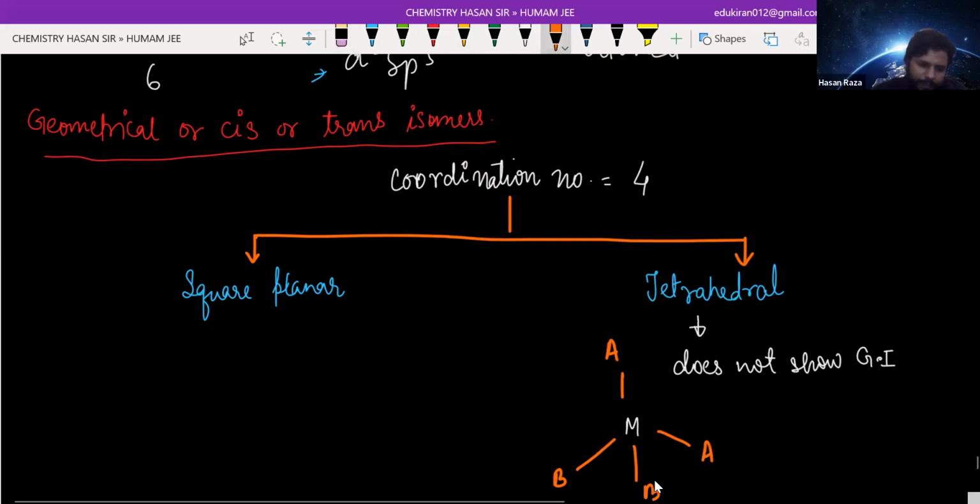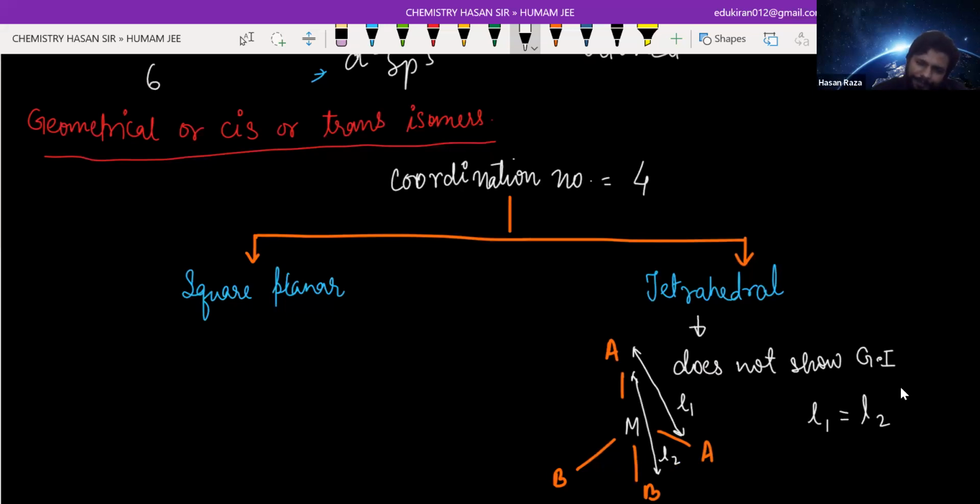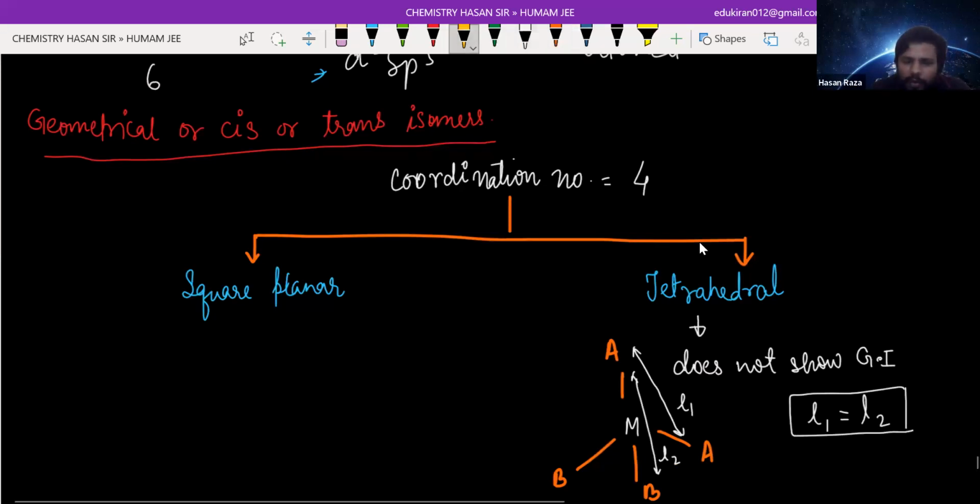If you measure the distance between these two, L1 and L2, L1 will be equal to L2, and this is not the condition to show GI. The distances should not be equal. Since they are equal and this is tetrahedral, it will not show GI. Are you getting my point?